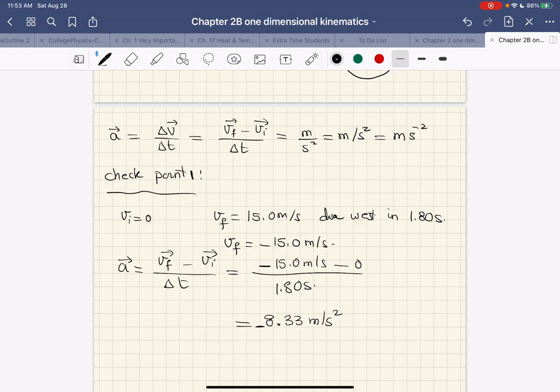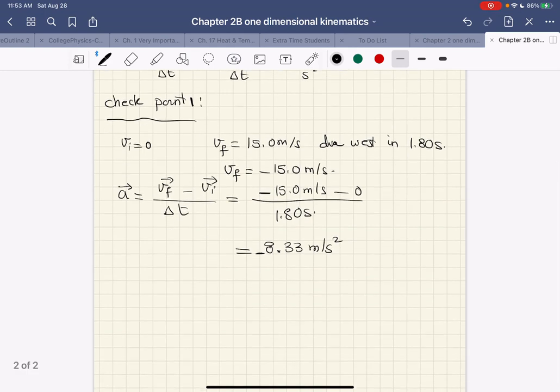Apparently, because my object is moving to the left here, and its initial velocity was 0, the acceleration vector came out to be in the same direction. And this did cause the object's speed to increase in the negative direction.